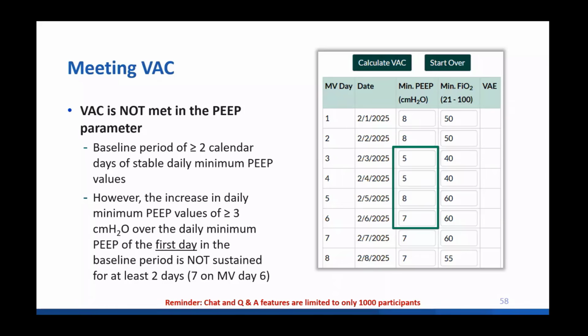VAC is not met in the PEEP parameter in the same example because despite there being a 2-day period of stable daily minimum PEEP values, the increase in the daily minimum PEEP of at least 3 centimeters of water over the daily minimum PEEP of the first day in the baseline period is not sustained for at least 2 days. On mechanical ventilation day 6, the PEEP of 7 is only 2 centimeters of water over the first day of the baseline period on mechanical ventilation day 3.